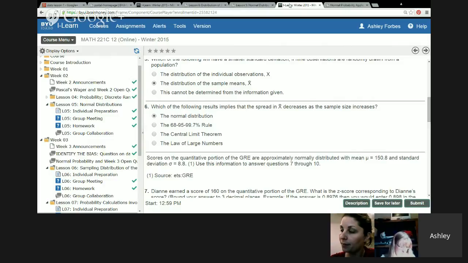That means sample mean. The spread in the sample mean decreases as the sample size increases. So when the sample size increases, the spread decreases. My mind is not working. It's fried.